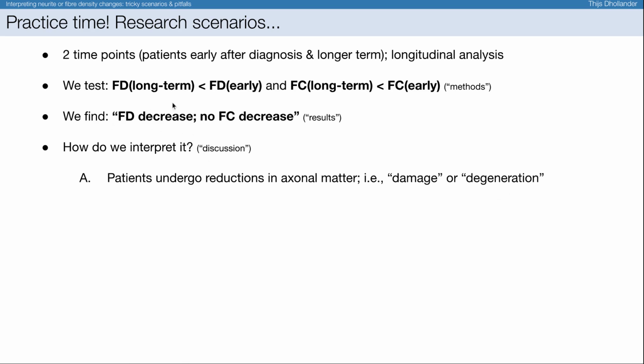Probably inspired by this FD decrease. Seems sensible. And this time I'm not going to give you a second option. I'm going to ask you, can you imagine something else? Is this the thing you're going to write in the discussion, or are we overlooking something? Okay, giving you some time to think.